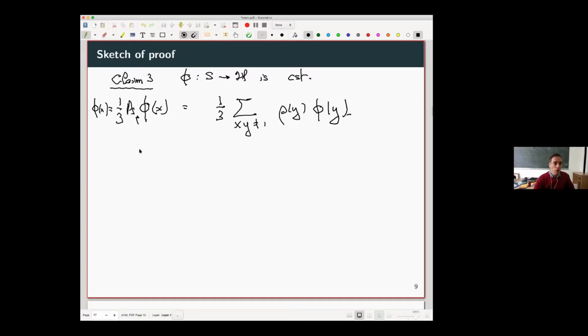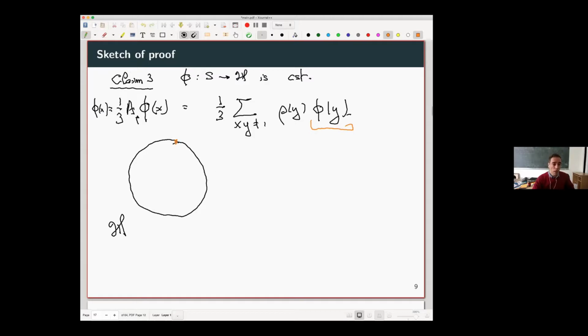So what do we do here? Well, let's make a picture in H. So let me use some color. Here I have vectors phi of y, so there are vectors in H, and because of the previous claim, they all have the same norm.